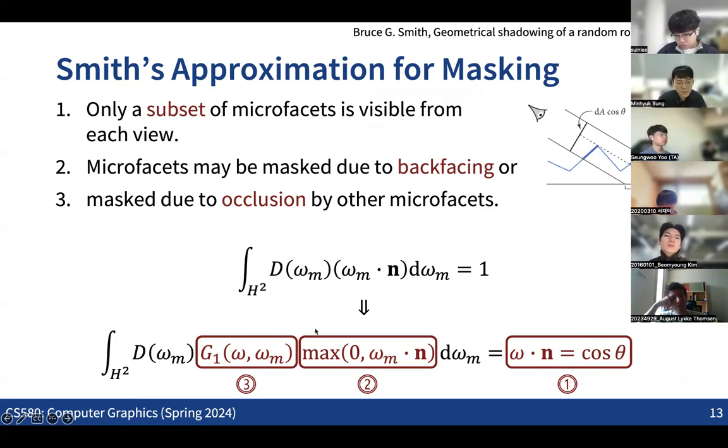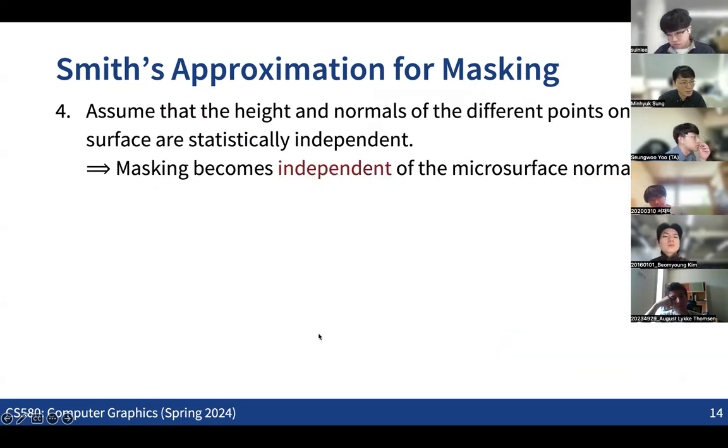But obviously, this computation is quite complicated, so we are going to introduce one more assumption, which is that the heights and the normals of different points over the surface are statistically independent, which is a very strong assumption. This assumes that the macro surface is a soup of small patches, without really thinking about how those patches are connected to each other.